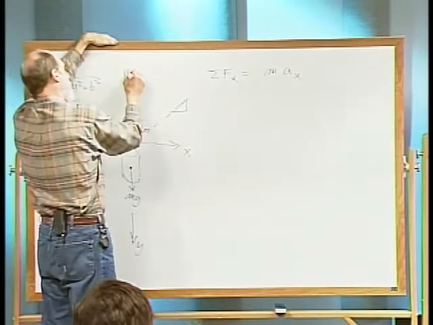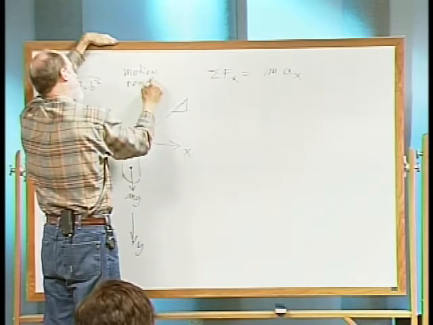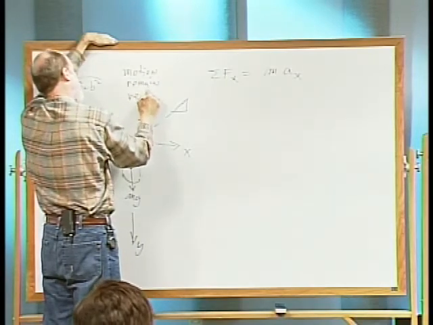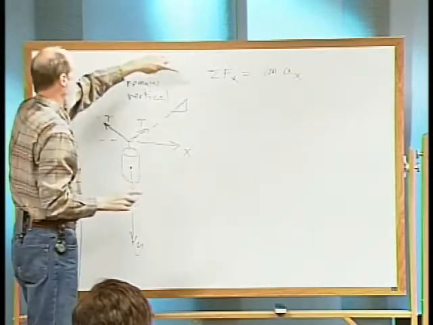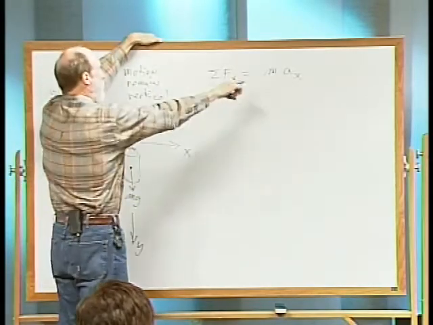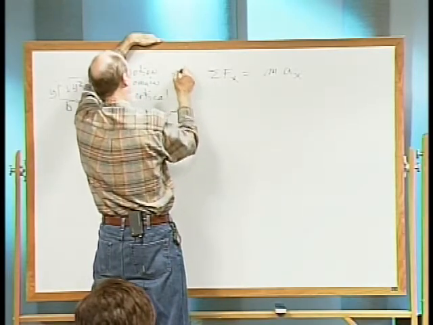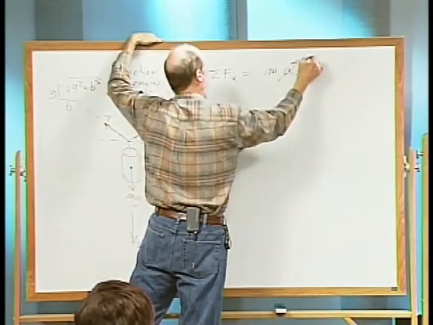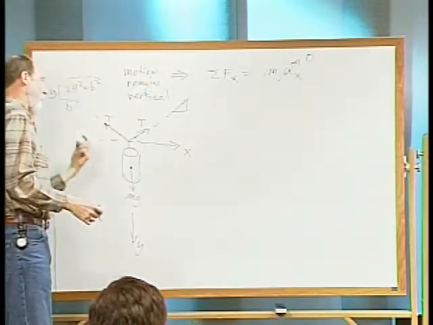So we could make mention of that. Motion remains vertical. Summing forces in the x direction, this implies that a_x is 0. So we have a static condition horizontally.